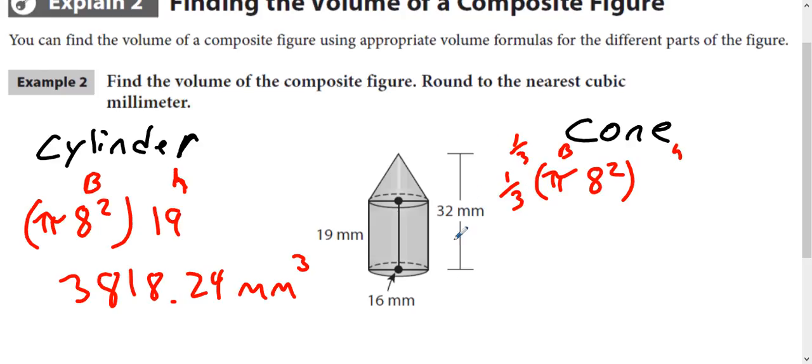We know the whole thing is 32 millimeters. The cylinder was 19 millimeters of those 32. So subtract. That means the cone is 13 millimeters. 32 minus 19. So the height of the cone is 13 millimeters.